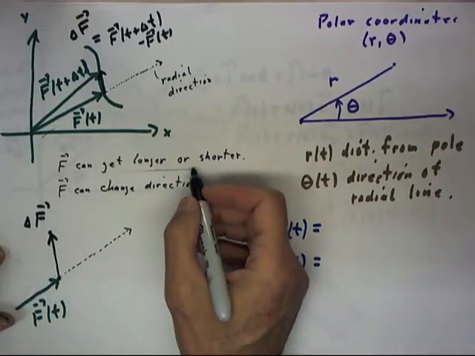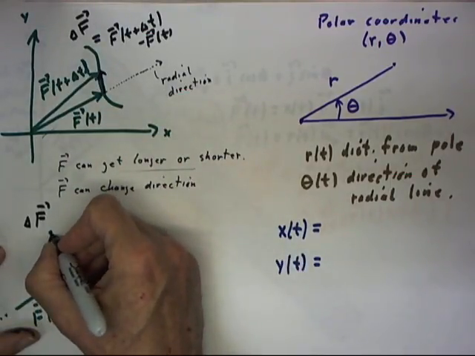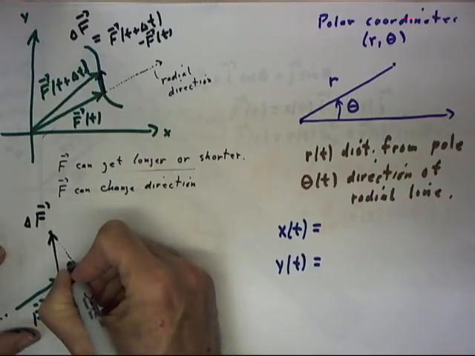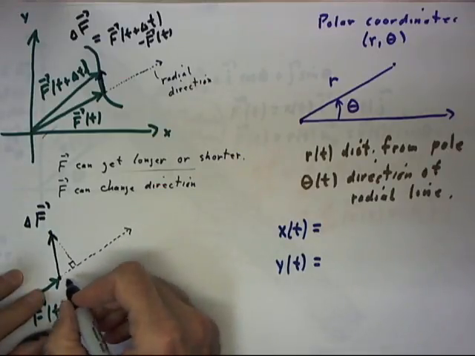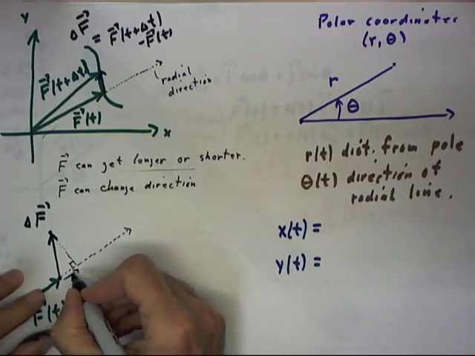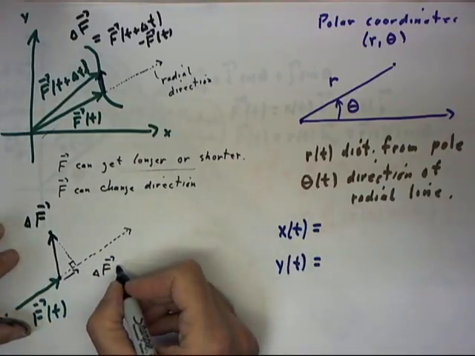Now if the f vector gets longer, that means that the component of delta f in the radial direction is positive.